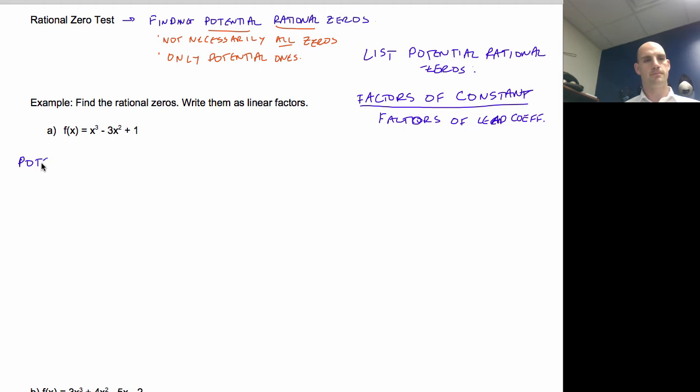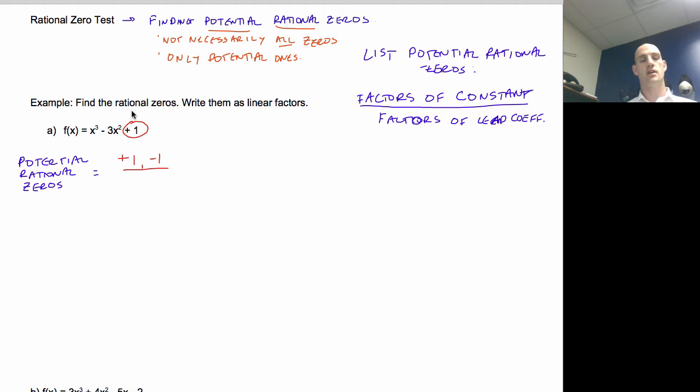Potential zeros equal. On top, I'm looking at this one. So that would be plus 1 or minus 1.